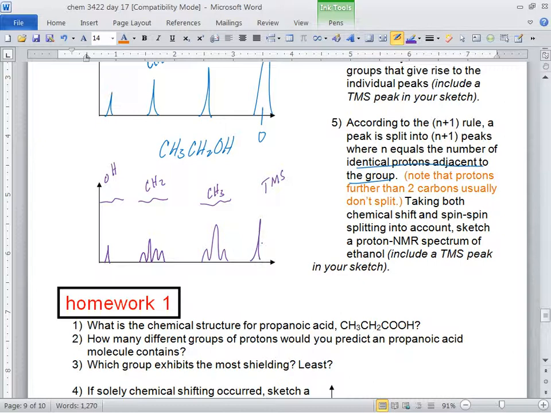Okay, now notice how that proton on the OH, they're saying that general rule, he doesn't influence the CH2. But if you make things even stronger, you can get more interactions and get more peaks. And it looks like, oh, that's a bad thing because it's going to be so much more complicated.